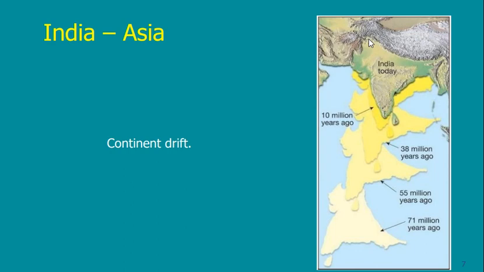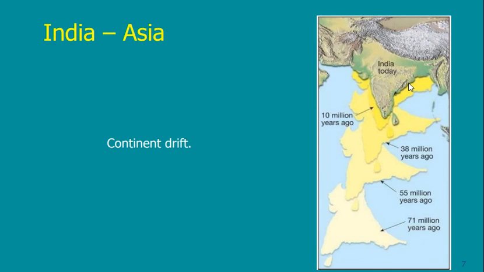The weaker car will be diminished in shape, but the stronger will continue. So India was stronger. It collided with Asia, so Asia was a little bit compressed.